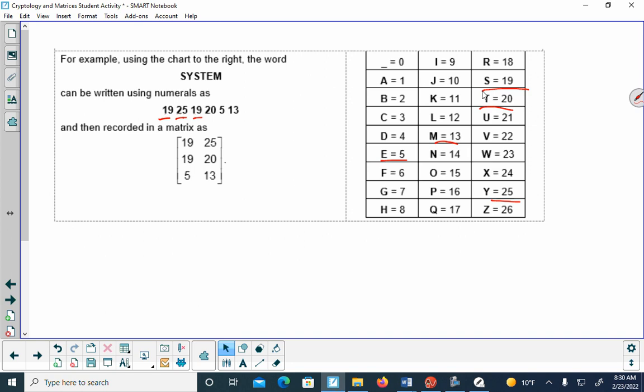The reason I wrote it as a matrix in that particular order, a 3x2, is because we're going to use a 2x2 for our encoding matrix. Remember, in order to multiply, this number has to match the number of rows of the other matrix, so this other matrix has to have 2 columns.